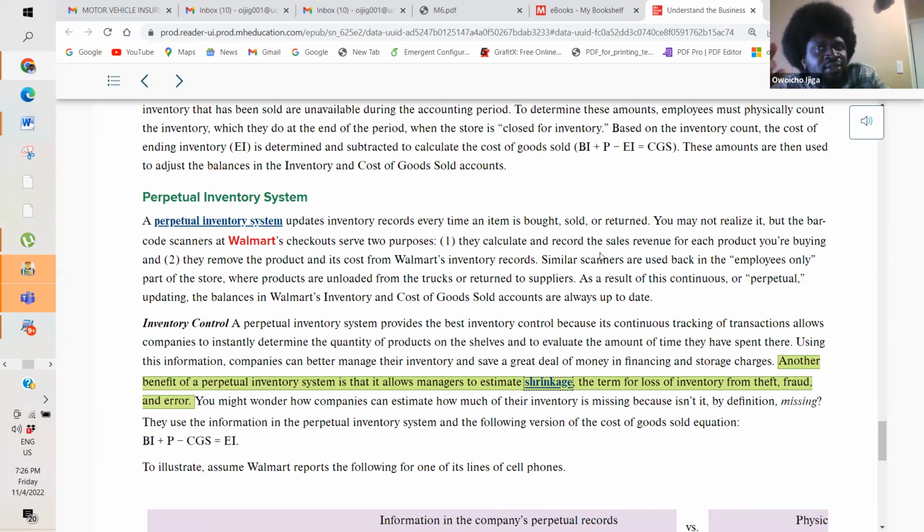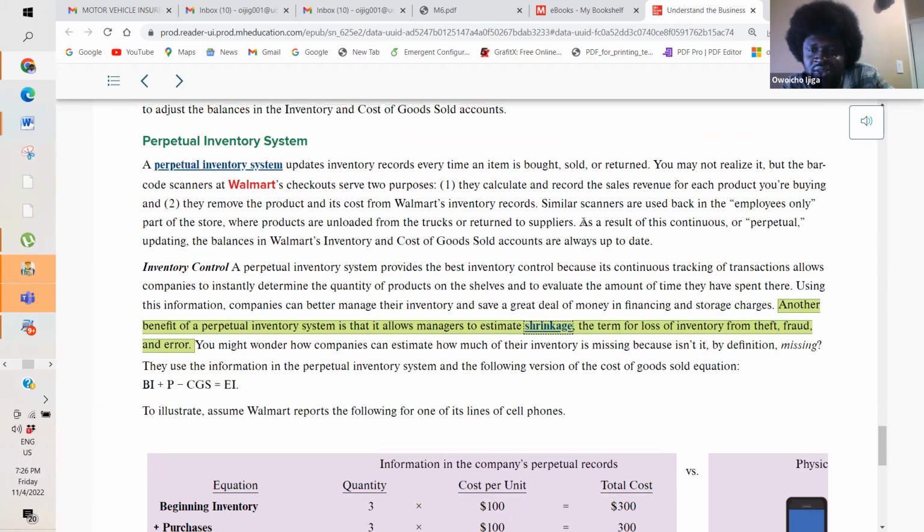Also, they have workers that steal from the company, and there could be times when some workers do not intend to steal but make mistakes and record some inventories inappropriately, and then those are not accounted for anymore, or there may be some fraudulent activities, and those inventories will disappear from Walmart and serve as a loss to the company. So that is the shrinkage we're talking about.